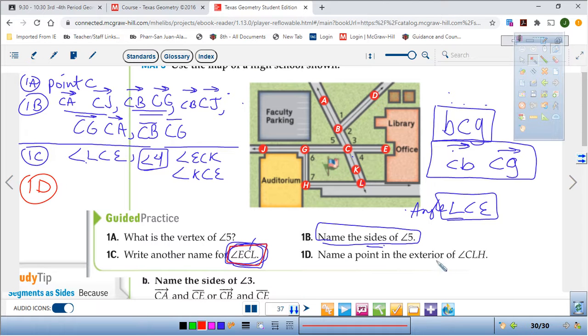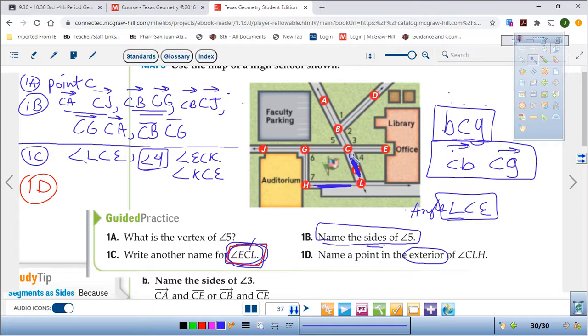Name a point in the interior of angle CLH. C, L, H. I'm sorry, exterior.